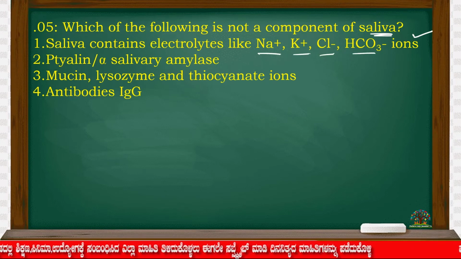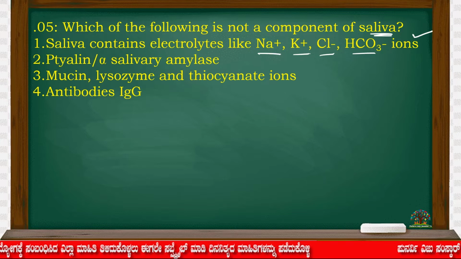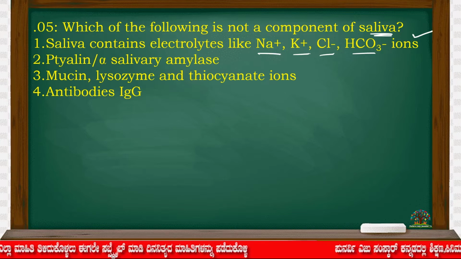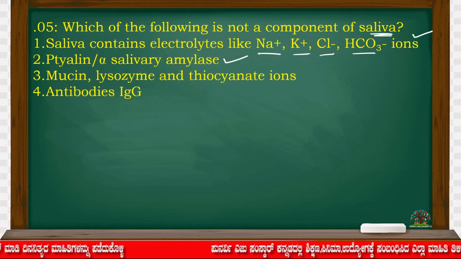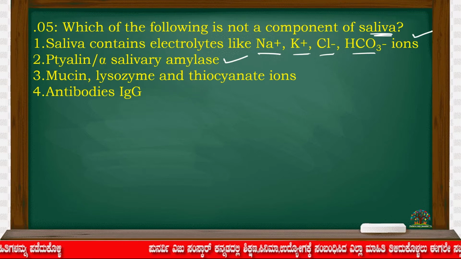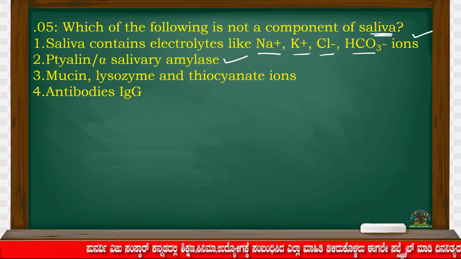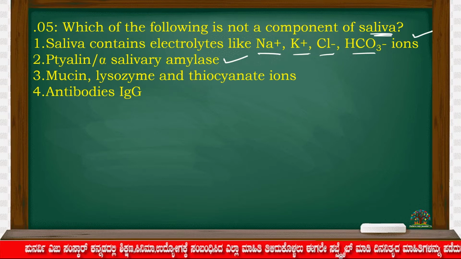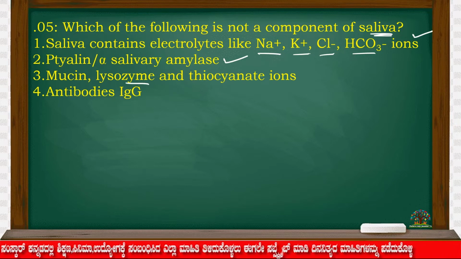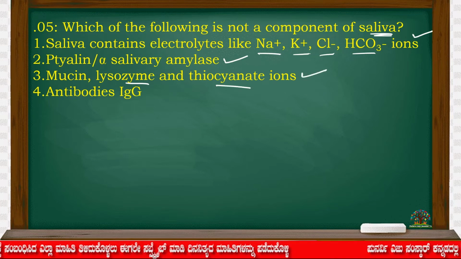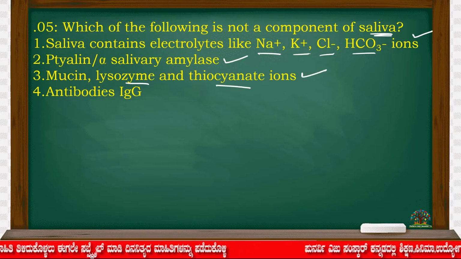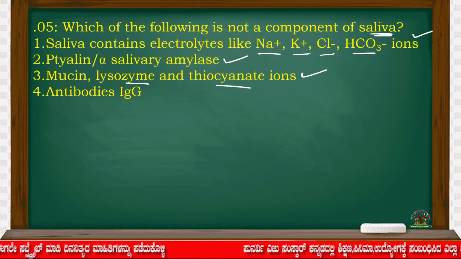And the second option, ptyalin or alpha salivary amylase, is a vital component of saliva which helps in the digestion of some of the components that we feed on. The third option says mucin, lysozyme and thiocyanate ions. These are other essential elements of digestion, which are components of saliva.